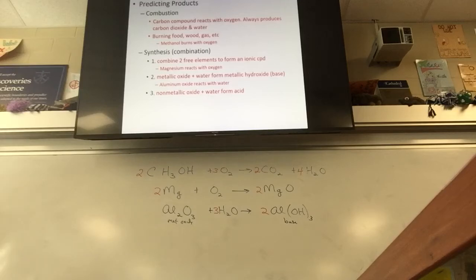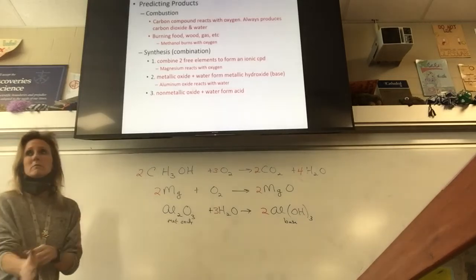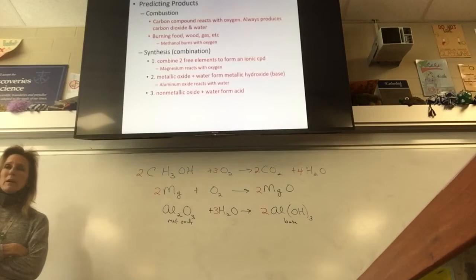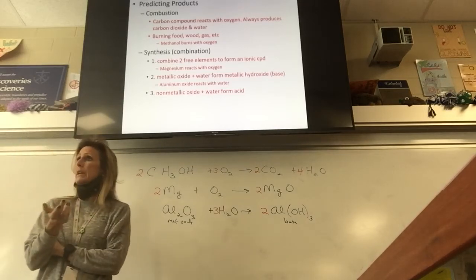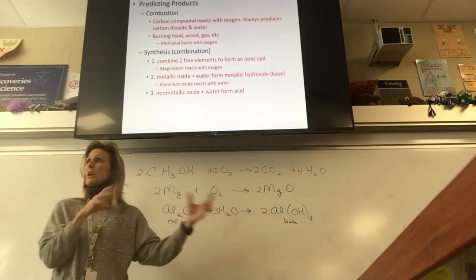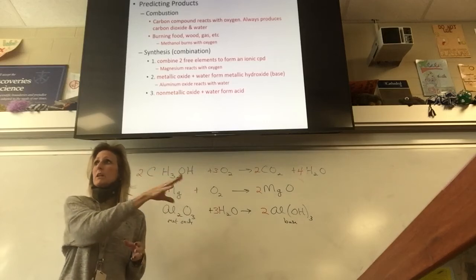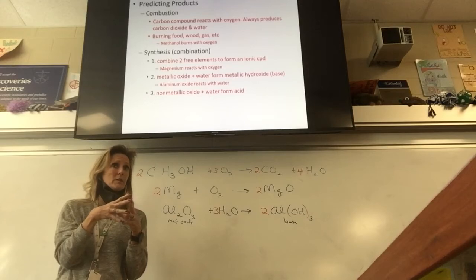So this third one is where we have a non-metallic oxide reacting with water. Now, when we have a non-metallic oxide, we're not crisscrossing charges. That's a molecular compound. So that'll be 2 nonmetals, some nonmetal on the right side of the stair step combined with oxygen. So we'll be using the prefixes.